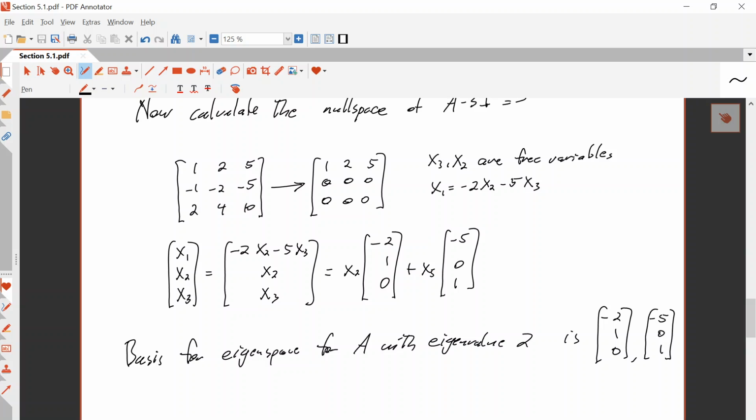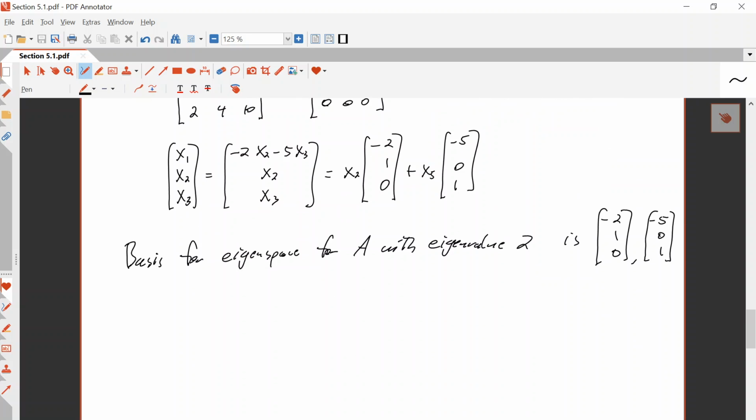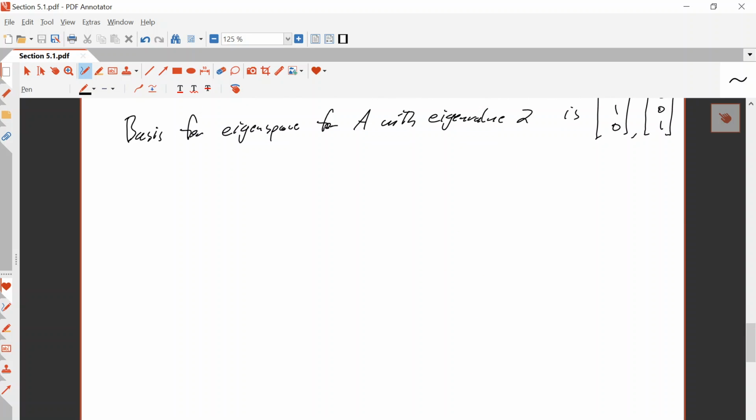But there is a theoretical result here that's very important. I'm not going to really hold you responsible for the proof of this theoretical result, but we need to know it and understand it because it's important. It is the following.